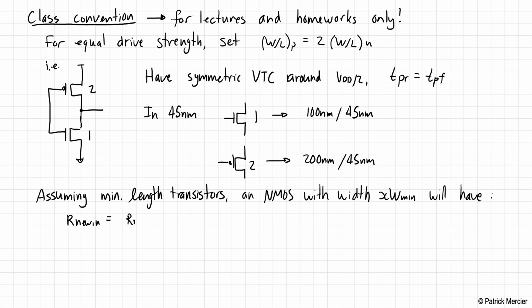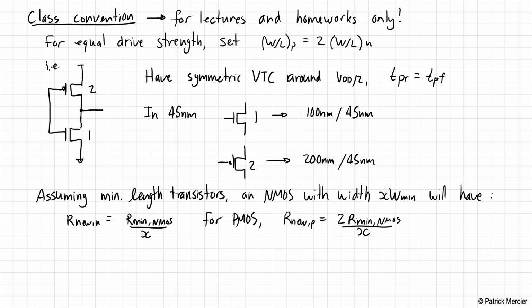It will have the minimum resistance for an NMOS divided by X. For PMOS, we say that if it has size X, then R new of this new size PMOS over the minimum one is going to be 2 R min NMOS divided by X. It's not MNOS. Let's get that right. NMOS.